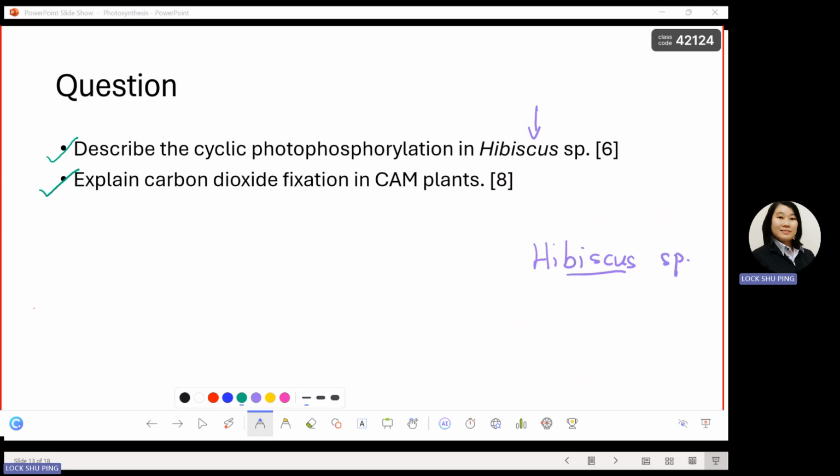The answer is no need. But if you don't know how to answer this question, then you can explain everything on the CAM cycle, and also don't forget the pathway of the Calvin cycle, the carbon fixation that happens in the Calvin cycle. So that is for answering this question.